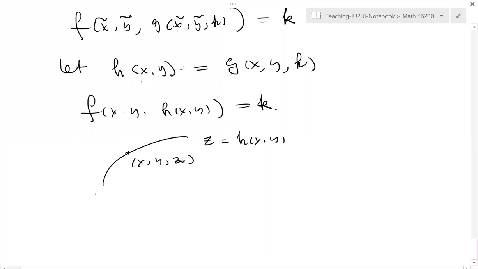So this level surface, locally in that small neighborhood, can be described as a graph of this function h. So how do you construct this function?